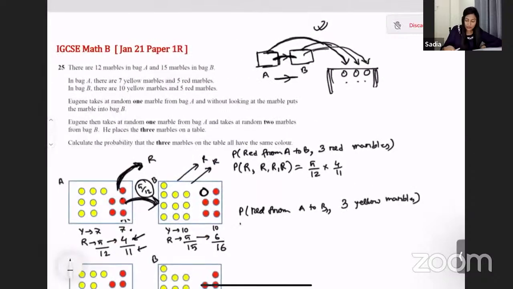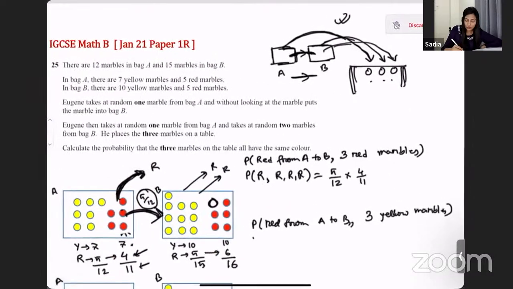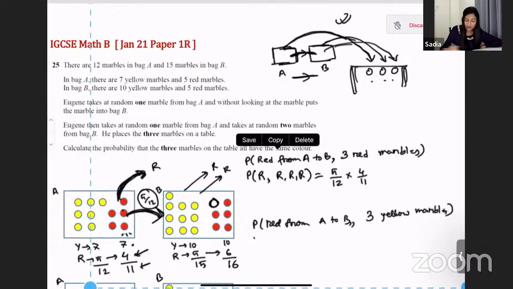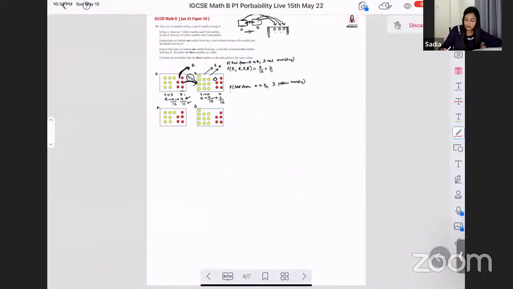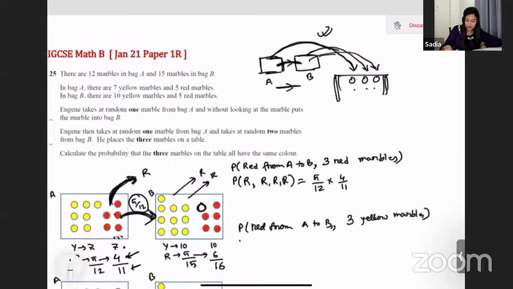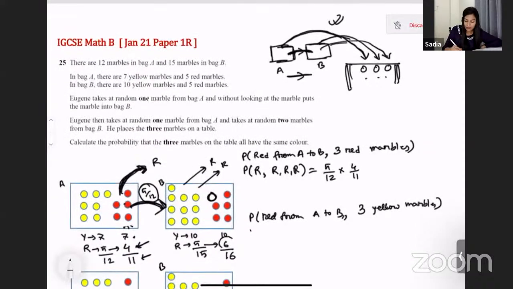From bag A, we will select 1, and from bag B, we will select 2 marbles. So from the second bag, we are selecting 2 red marbles. So we need to check out the number of red in the second bag. Number of red is now 6, total is 16. So 6 by 16 into, the second one is also from bag B, right? So 5 by 15. Number of red will decrease by 1, and also the total number will decrease.